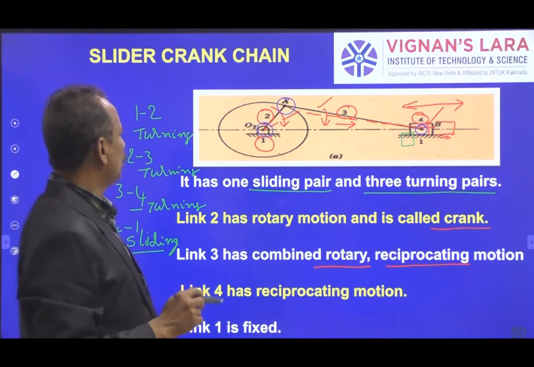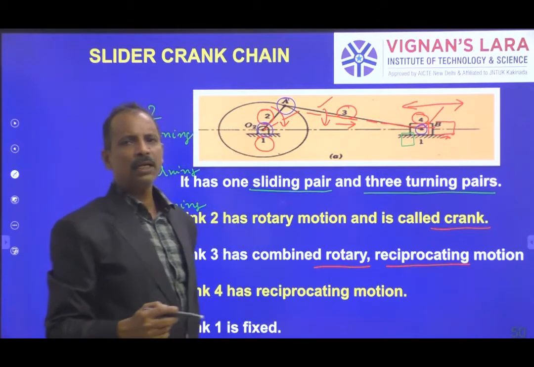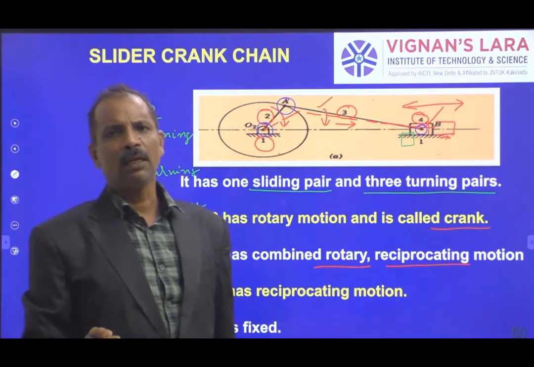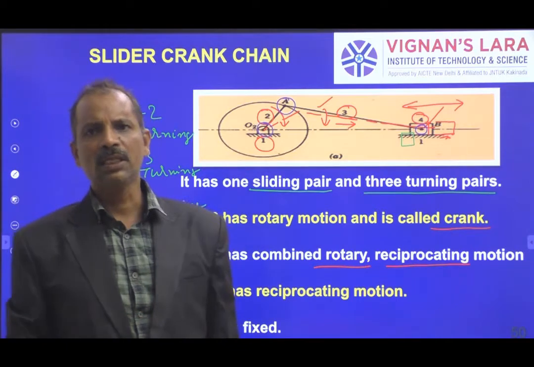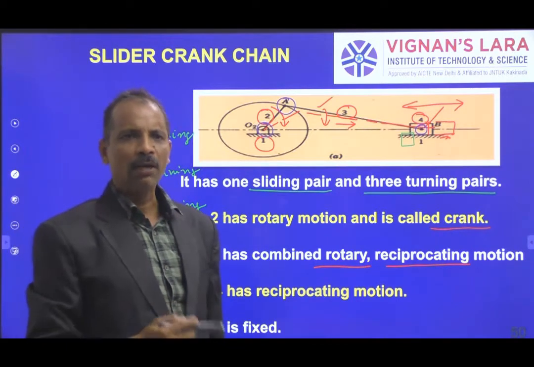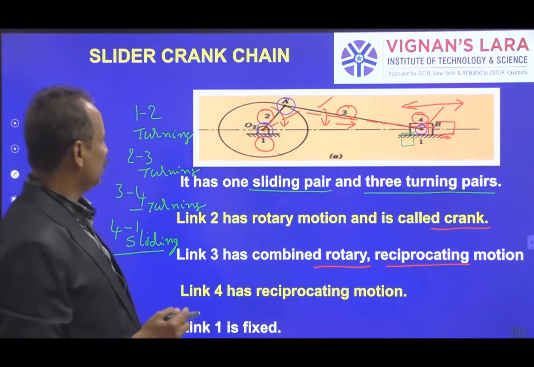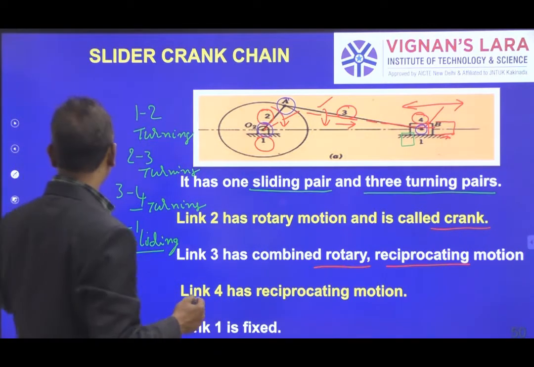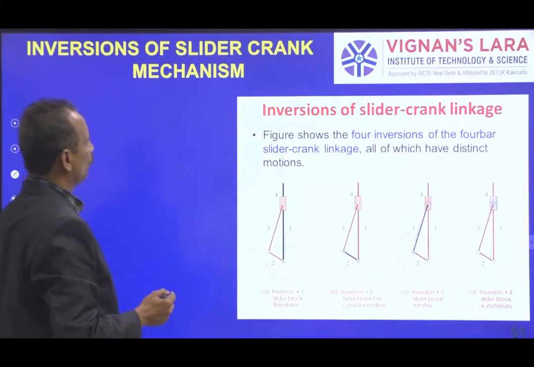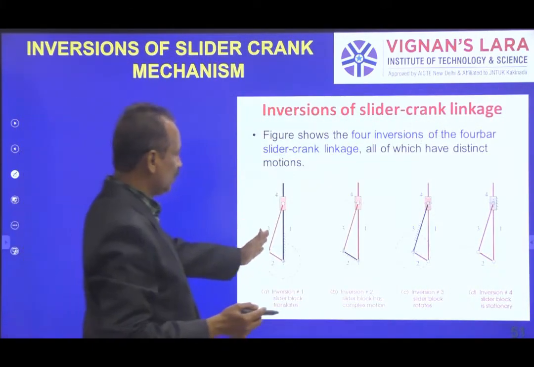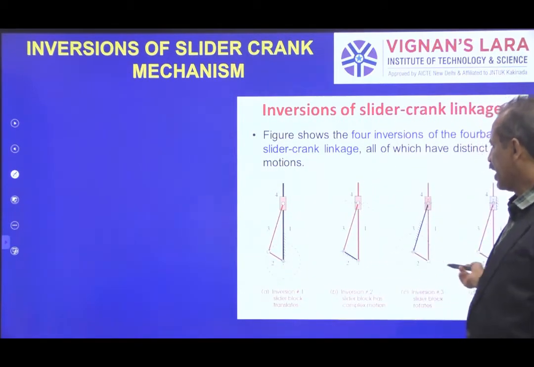You can fix link 2, link 3, or link 4 to get various other mechanisms, or various inversions of this single slider crank chain, and we will see them one by one along with their practical applications. Let us first focus on link 1 fixed, that is the diagram shown. I have shown the same thing in a separate diagram.